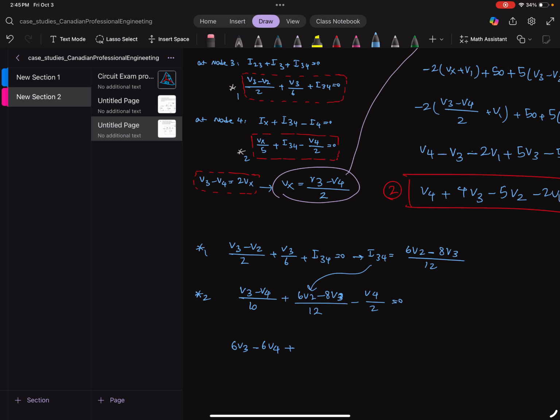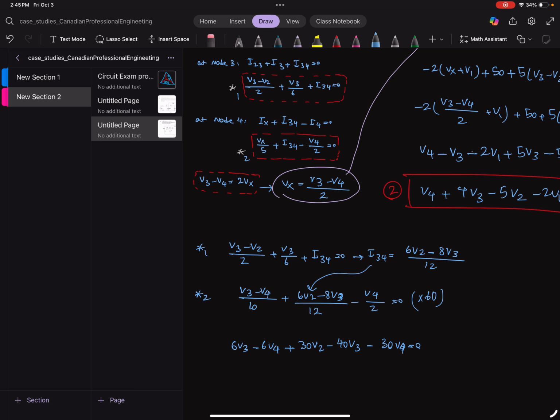So I'm multiplying all of this by 60, guys. So 530 v2 minus 40 v3 minus 30 v4.